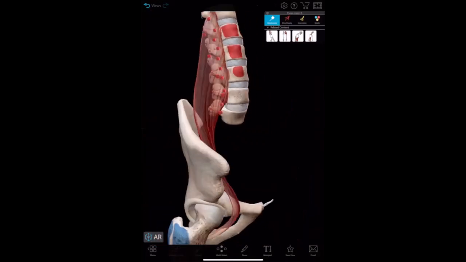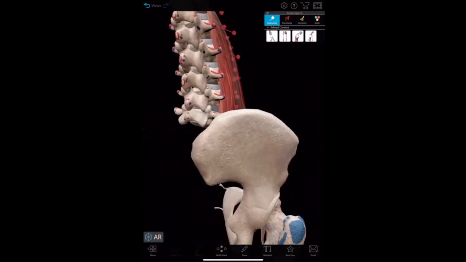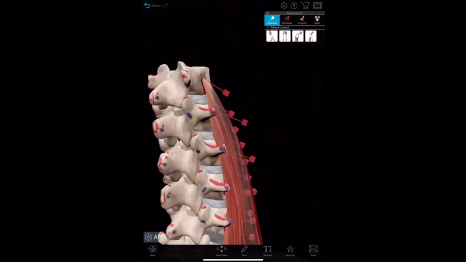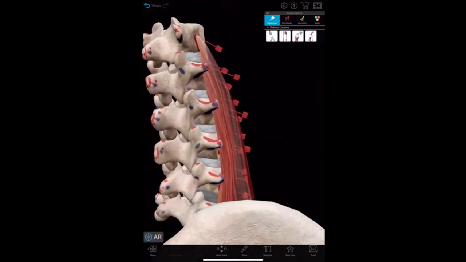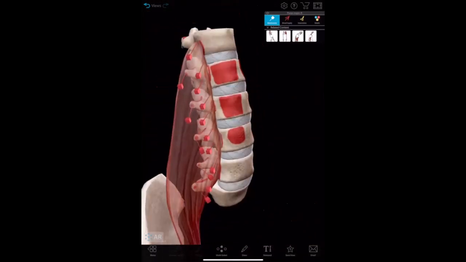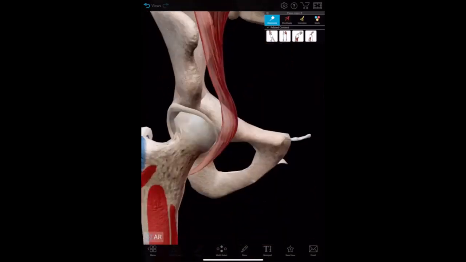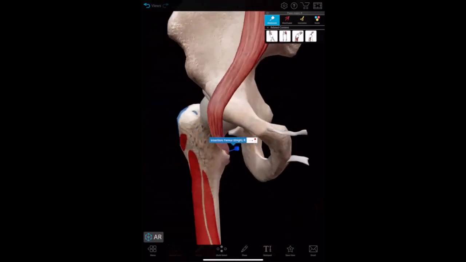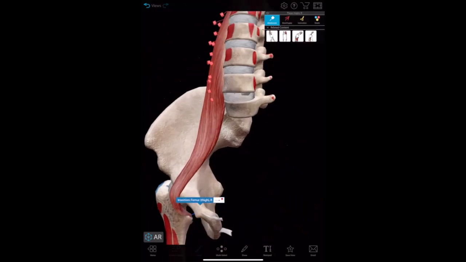You see, there are many origin points: from the transverse process, intervertebral disc and vertebral body, and to where it goes. You see, this is the insertion. Blue point is the insertion, right? So that is the lesser trochanter. So you have to remember this.